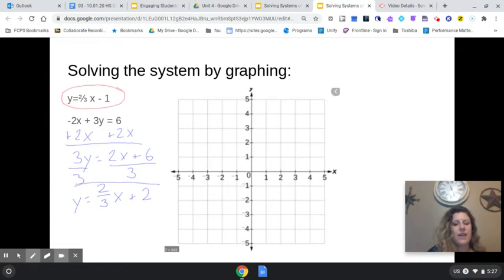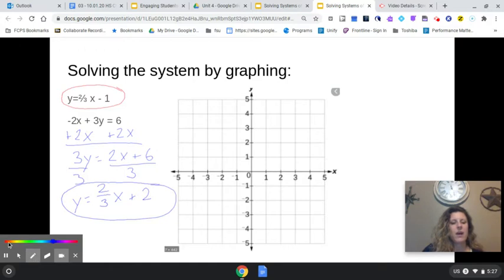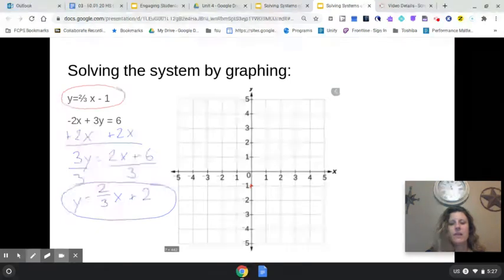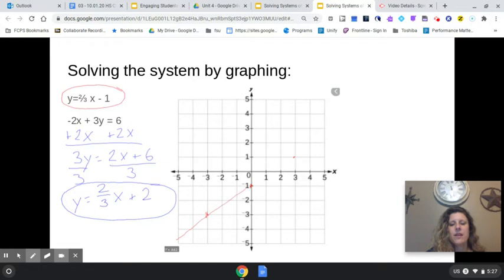Okay, let's go ahead and graph both of those equations. So in red, my y-intercept is negative 1. And the slope is 2/3. So we're going to rise 2 and run 3. I'm going to also go down 2 and to the left 3. So there is my first line.